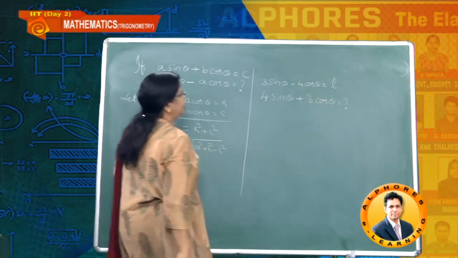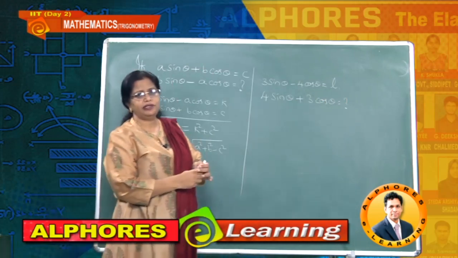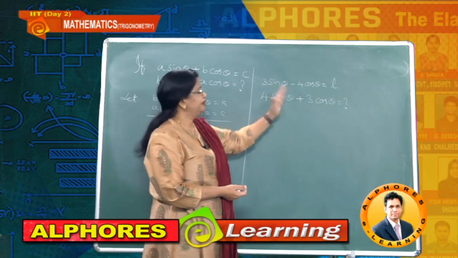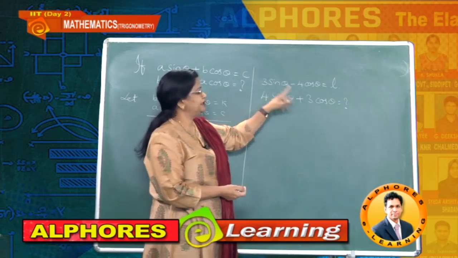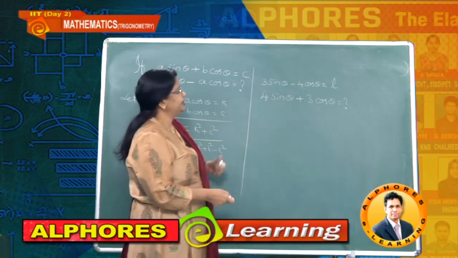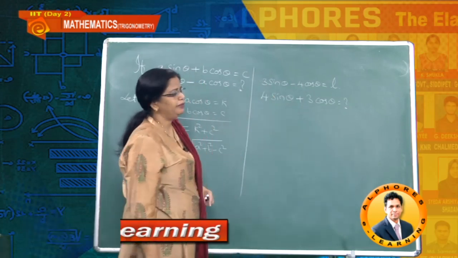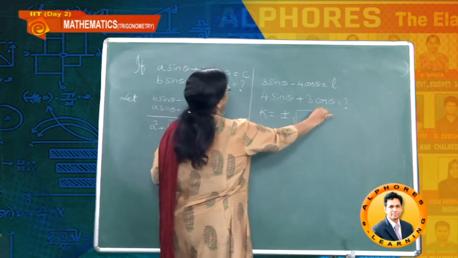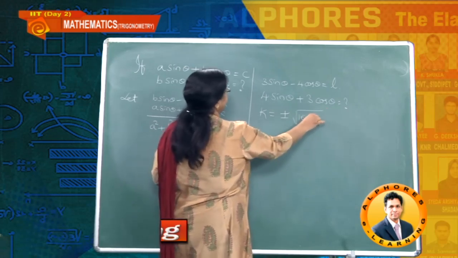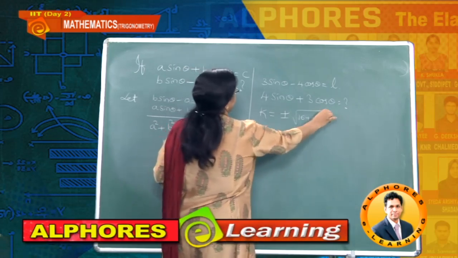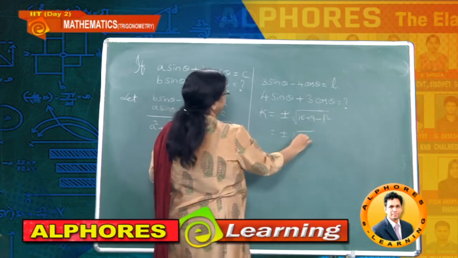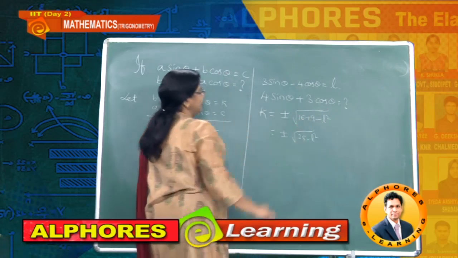So what I did here, just the constant terms whatever they are there, I just made reverse, and then symbol also we have changed. Then what is the formula? This is the requirement. Suppose it is our K, then K is plus or minus under root of 16 plus 9 and minus how much we can write? L square. So it is plus or minus under root of 25 minus L square.